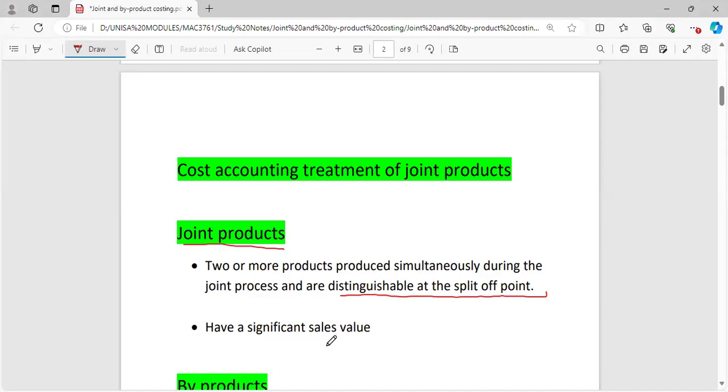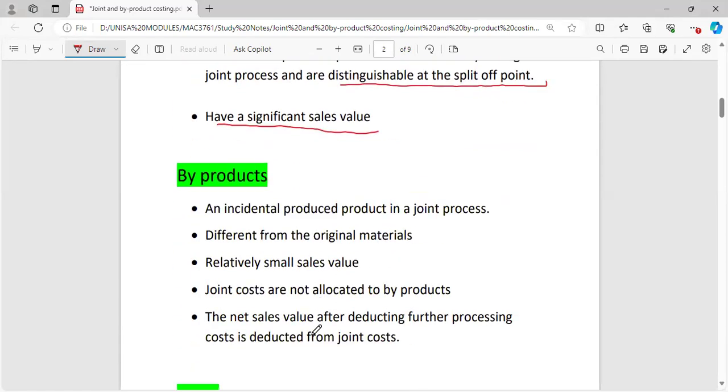And joint products have got a significant sales value, which means they have a sales value that is significant to the organization's operations. Then we have byproducts.